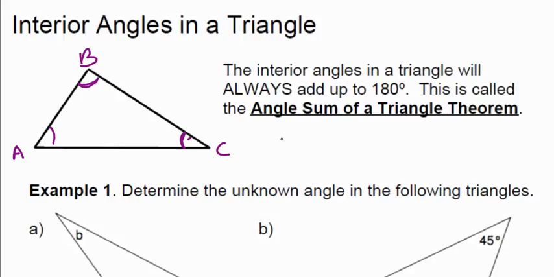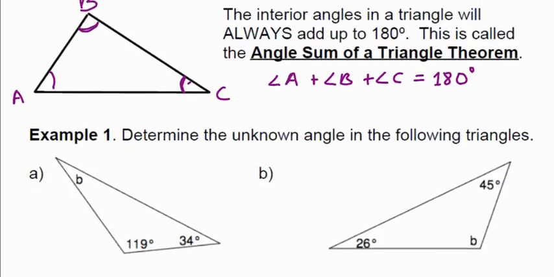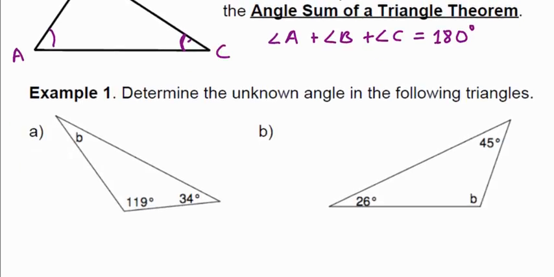If I add them up, angle A plus angle B plus angle C, I will get 180 degrees. This works for every triangle. It doesn't matter what type it is or what the lengths of the sides are. All 3 angles always add up to 180 degrees. That is the rule, and we're going to use it to calculate missing angles in triangles.